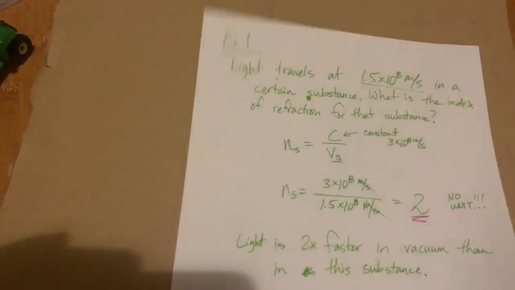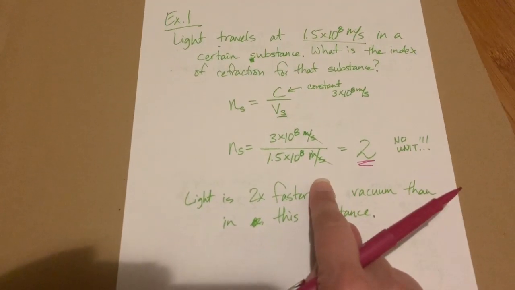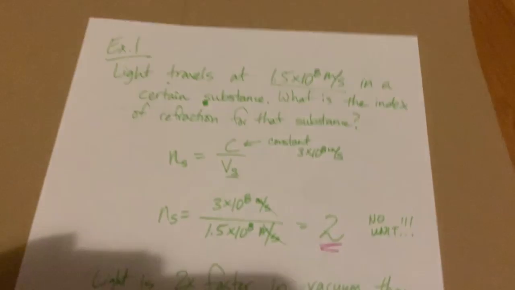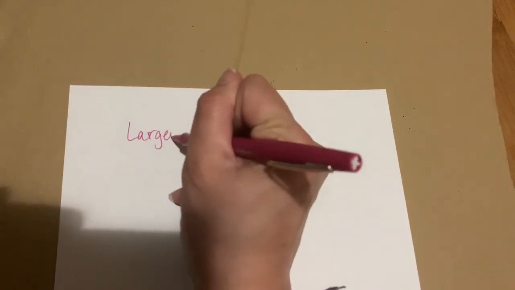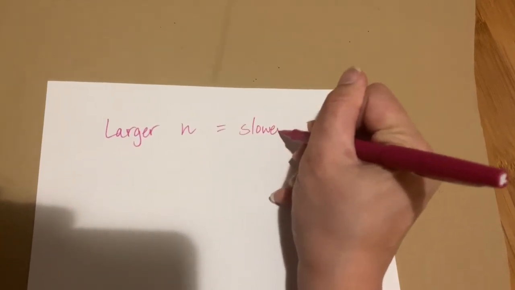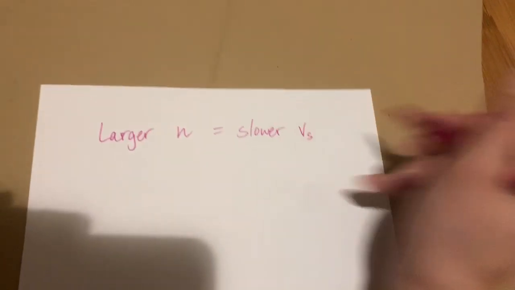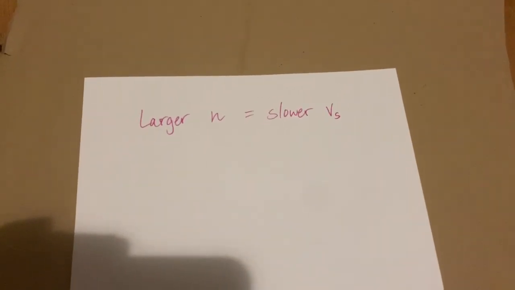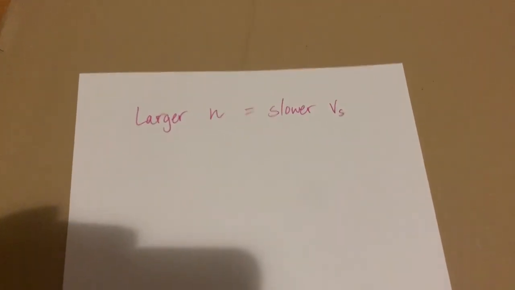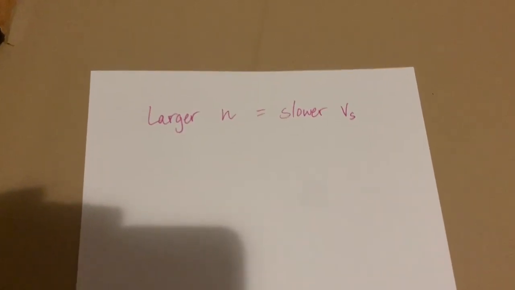So this one is slower. So we could do a couple more trends here, right? So larger n equals slower v_s. And that's because it's that many times faster in a vacuum compared to that substance.